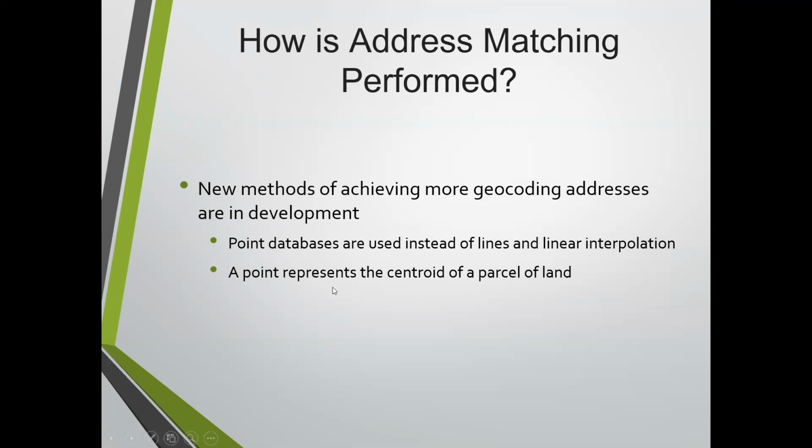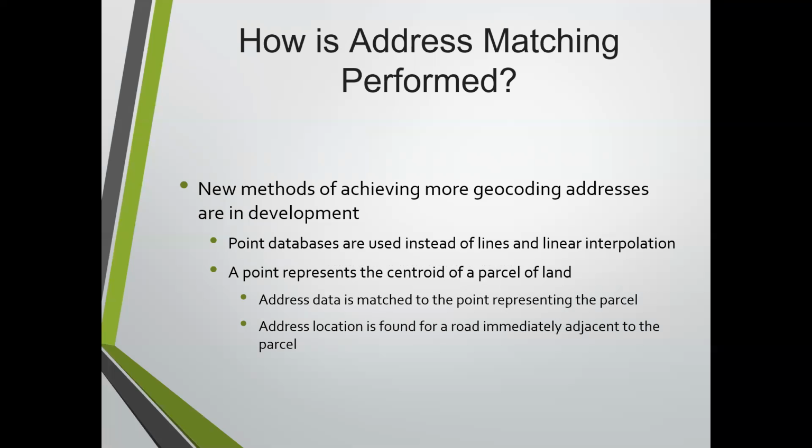It's probably more precise than linear interpolation, and it would just be a matter of having the address attached to the centroid location. That's not a big deal. You're matching it based on that point representation within the parcel, so it can find it, and it places it immediately adjacent to the parcel on the line segment.